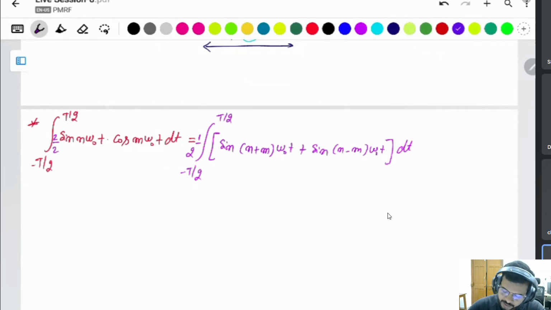This again is a constant value, with m and n being integers. The integer value represents a constant value; any value you can say like L. Suppose you take L, and this will take M or P. Then it is the same thing: sin L omega naught t, sin P omega naught t.